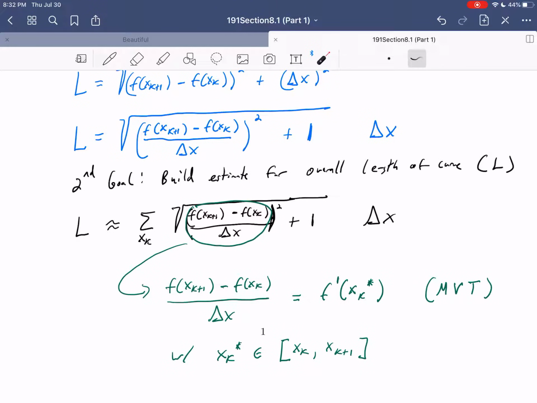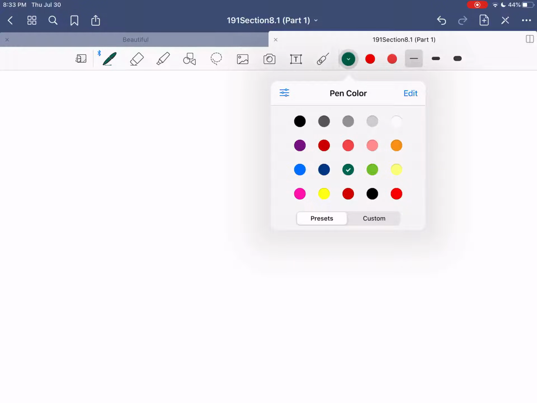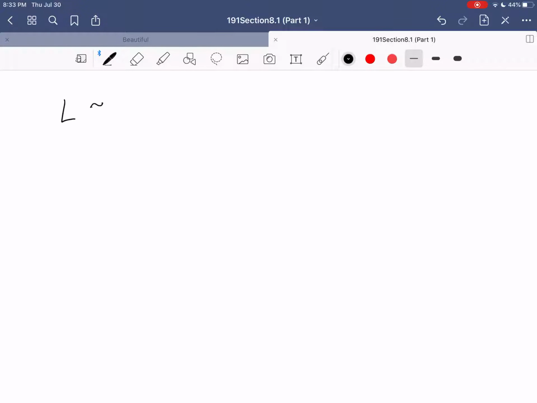Okay, so now, instead of having this whole mess, we can replace it with the derivative. So let's give ourselves another page here and realize that now we can say that that length is approximately the sum over all these x sub k of the square root of f prime of x sub k star, squared, plus 1, times delta x.